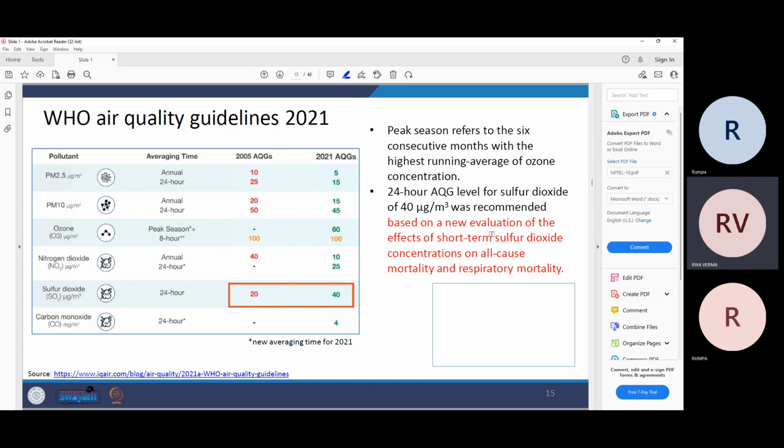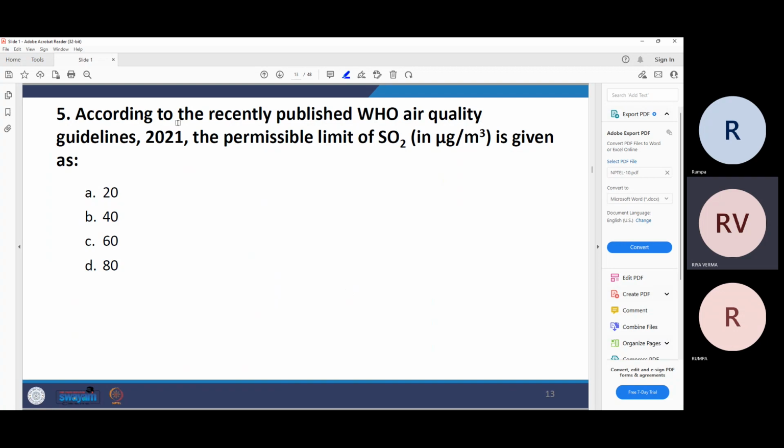So we evaluated the effects of short-term sulfur dioxide concentrations, and then we found that this value can be allowed up to certain higher values, which is why we've taken it as 40 micrograms per meter cube. So the answer will be: earlier it was 20, but in 2021 the value will be 40 micrograms per meter cube.